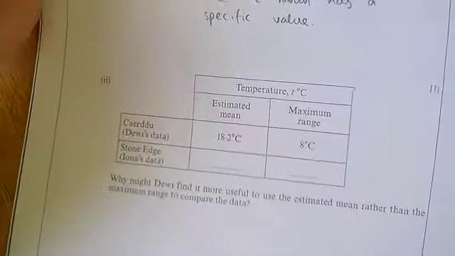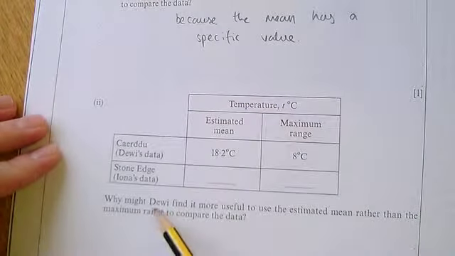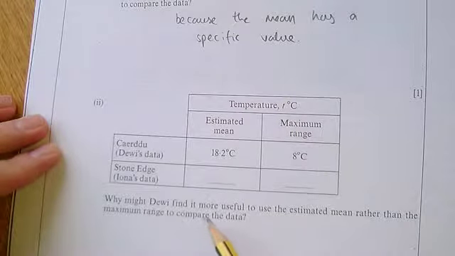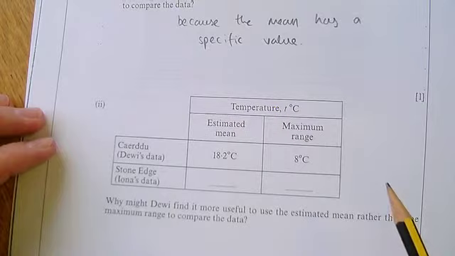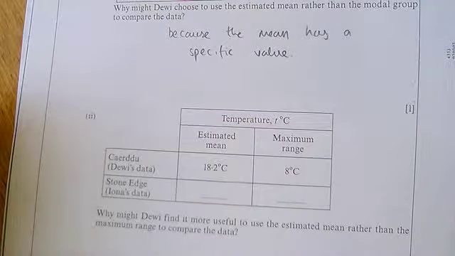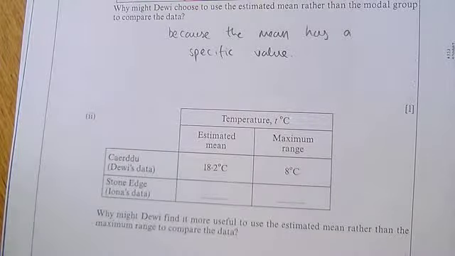And then for the final one there, it says, why might Dewi find it more useful to use the estimated mean rather than the maximum range to compare the data? The range doesn't really tell us anything about the temperature, it just tells us the difference between the highest and the lowest temperature. The fact that we're just getting told the difference between the biggest and the smallest number doesn't really tell us what the temperature is.